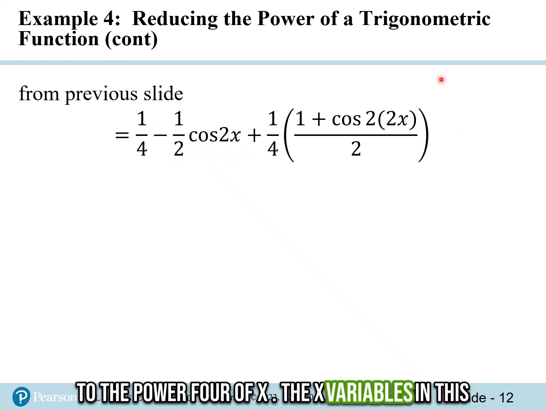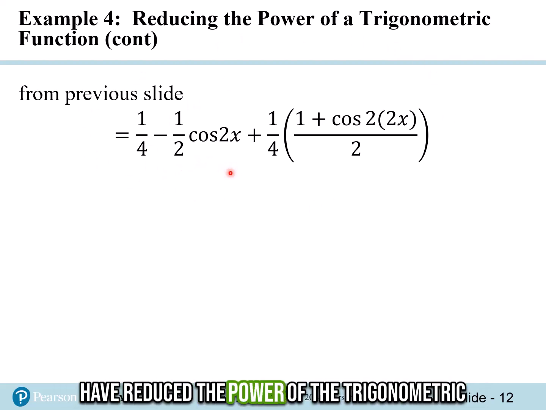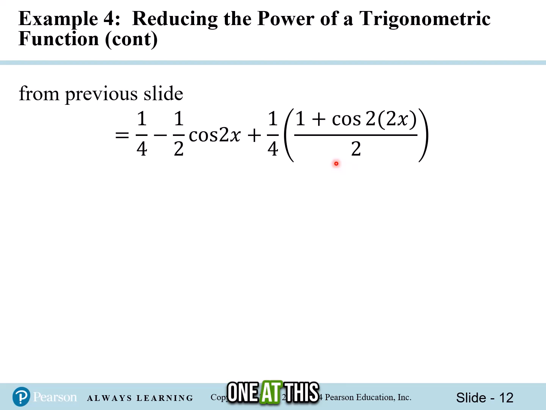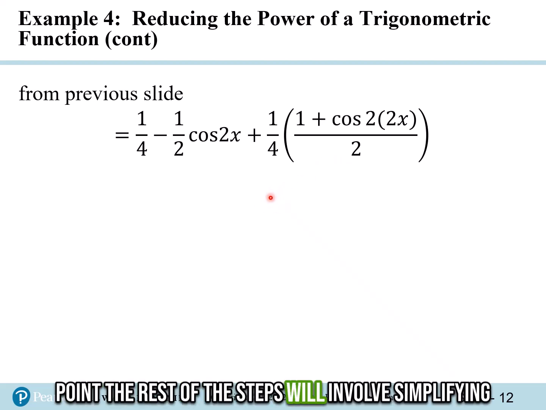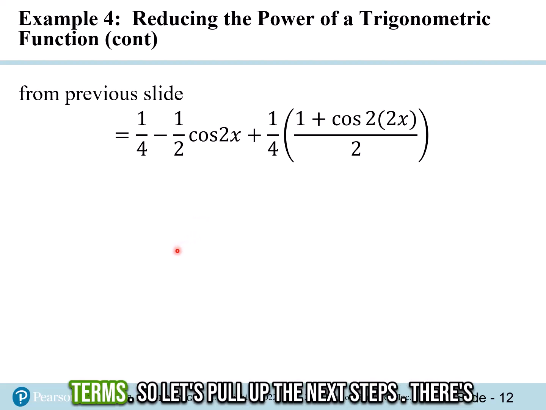The x variables in this expression are all raised to the power 1. So we have reduced the power of the trigonometric function from an exponent of 4 to an exponent of 1 at this point. The rest of the steps will involve simplifying this and writing it in its lowest terms. So let's pull up the next steps.